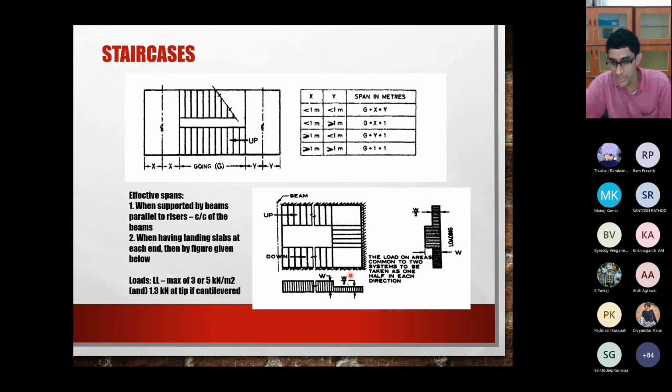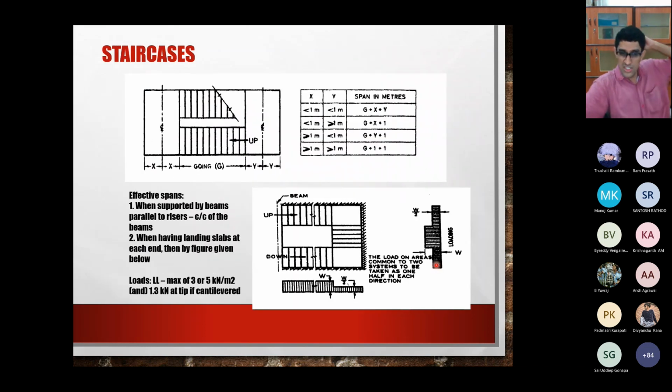That's why it has become W by 2 here. The load on the area common to the two systems of flights or stairs is to be taken as half in each direction. Till here it is W, and here it is W by 2. In this direction, within this part it is W, and on this landing and this landing it is W by 2.